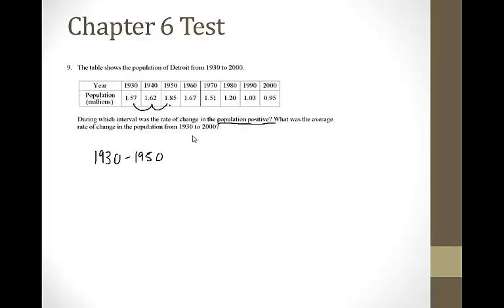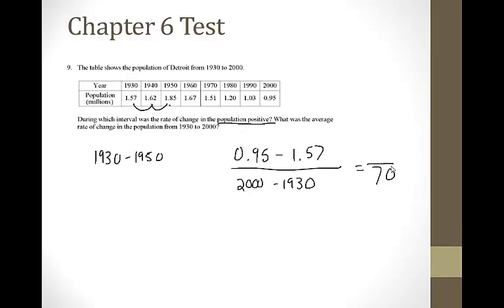What was the average rate of change from 1930 to 2000? So what we'll do is we take 0.95, which is what it was in 2000, minus 1.57, and put that over 2000 minus 1930. In the bottom we get 70, because we know 70 years have gone by. And in the top, I just needed to subtract that.